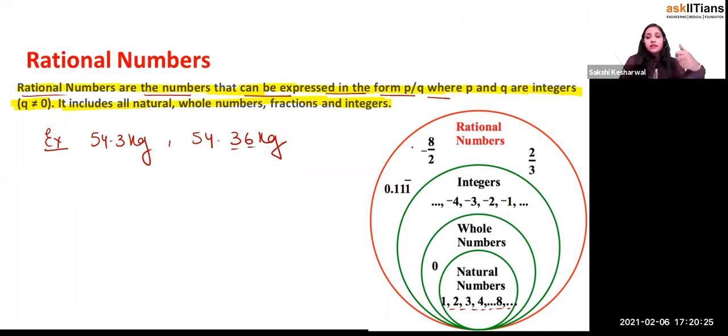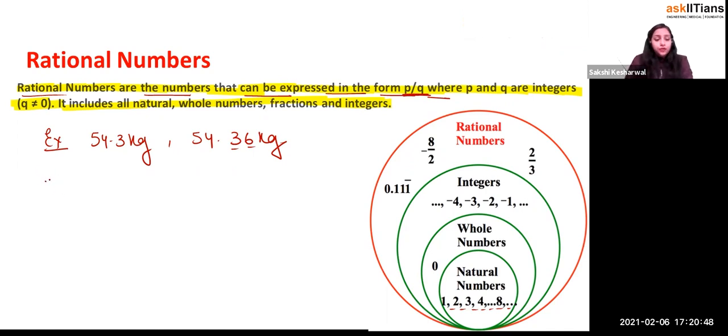So any decimal number, fraction, or negative number divided by a positive number, we put into another number system. So the rational numbers are the numbers which can be represented in the form of p by q.